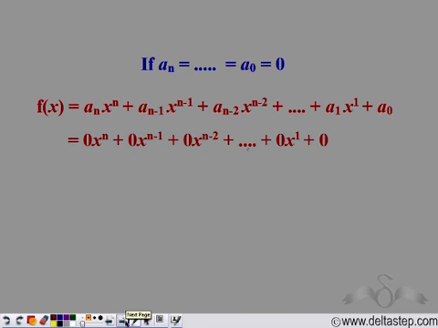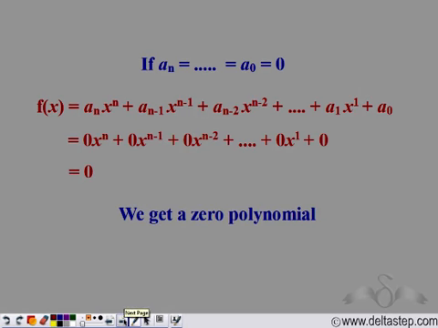Now 0 into anything is 0. So all the terms will become 0. So if all the coefficient terms are 0, we get a 0 polynomial.